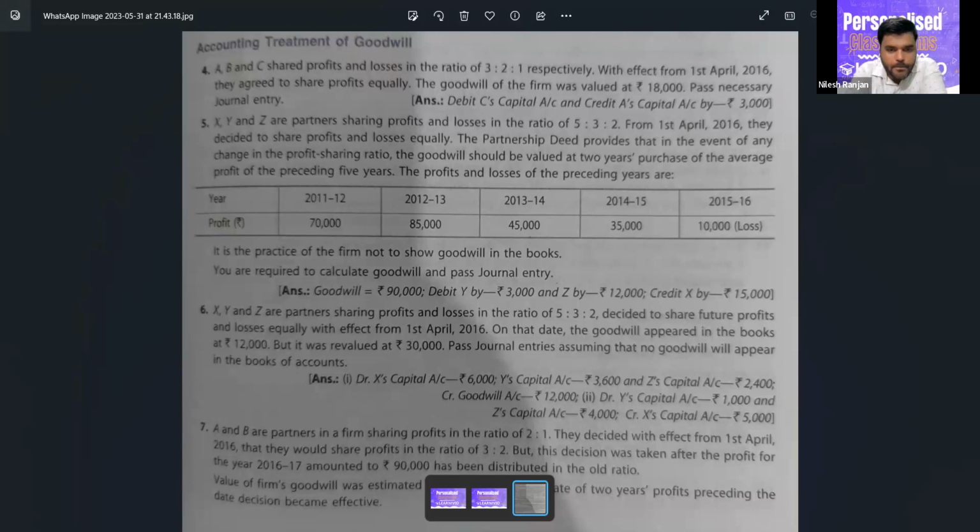Okay. There is this question number 5, you can see. In this question, you have to calculate the value of goodwill also. Okay, so can you do this? Yes, sir. Ryan?